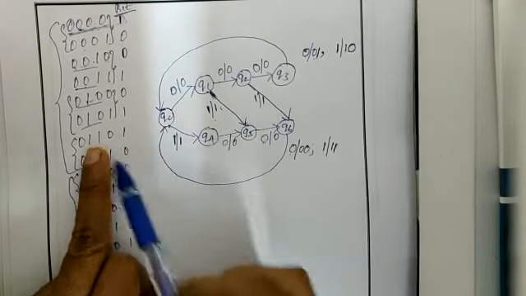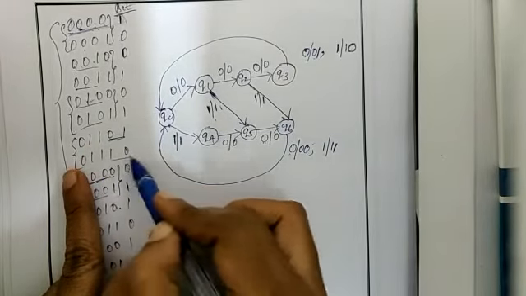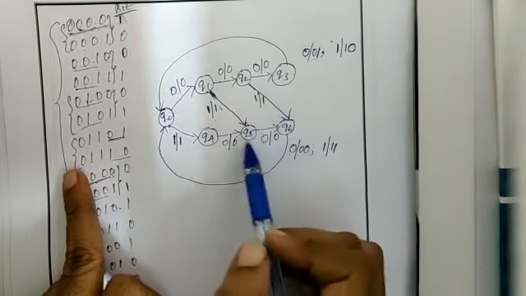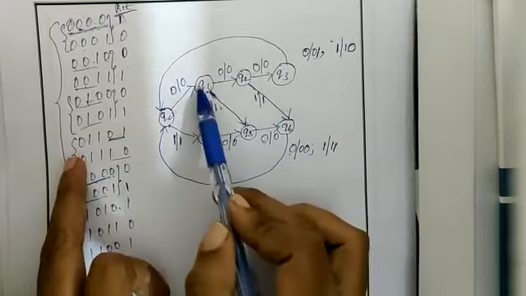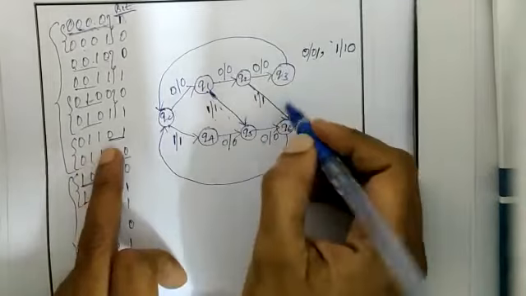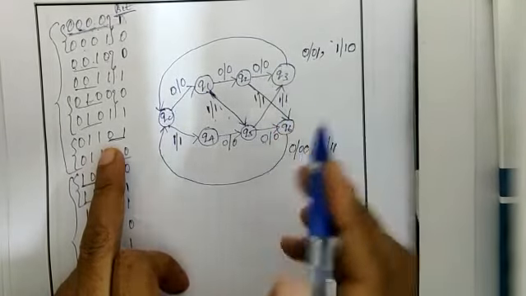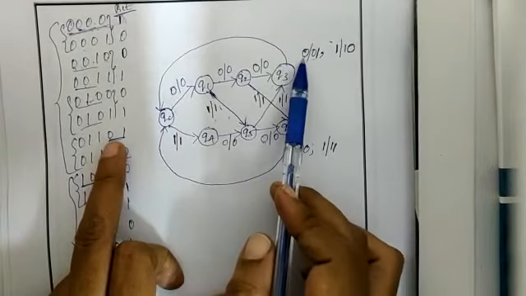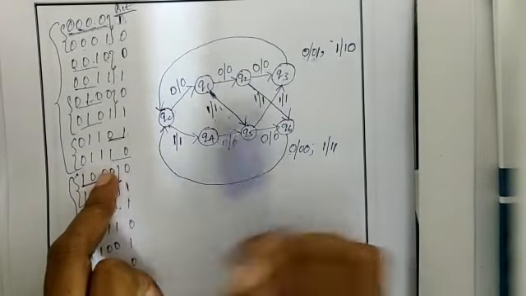To confirm that, you should check the last 2 bits, 0 1 1 0, where I have this here. So anyway, I should move there only. So 0 1, this one I should move there. So that last bit, if it is 0, you'll get the output as 0 1. If it is 1, you'll get the output as 1 0.